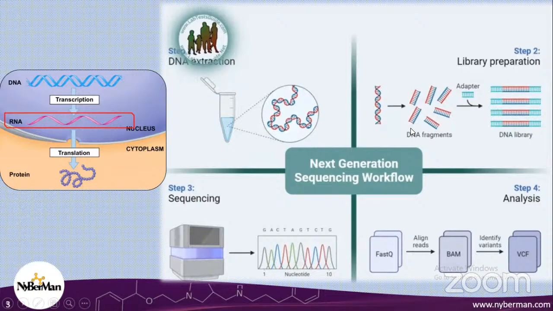So for that, different library preparation will be done within the wet lab, and that prepared, semi-processed data will go to the sequencers. You all know what types of sequencers we have. Illumina or Sanger sequencing processes are there, and Nanopore sequencing technology is there. From each sequencing technology we get different types of data.